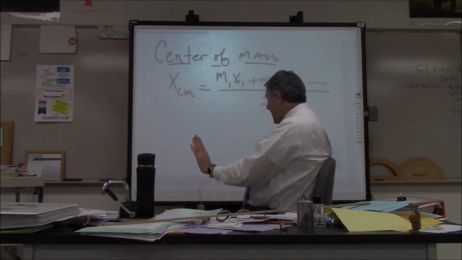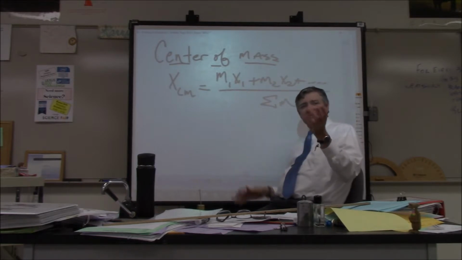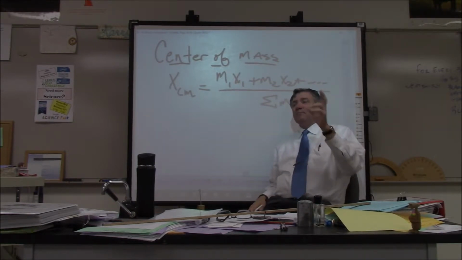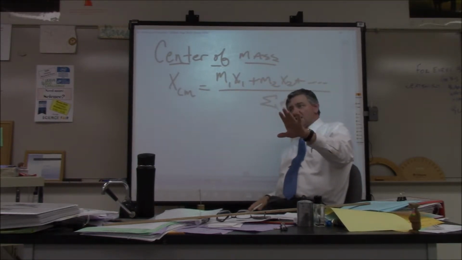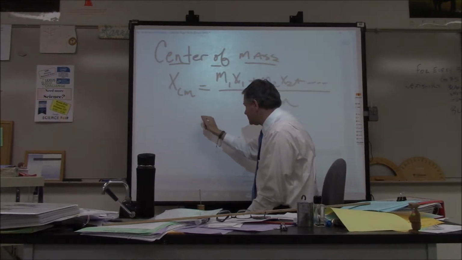So, mathematically, it's a simple idea. It's somewhat similar to torque, but we're leaving out the force aspect of it. We're only dealing with the mass aspect. So imagine this.